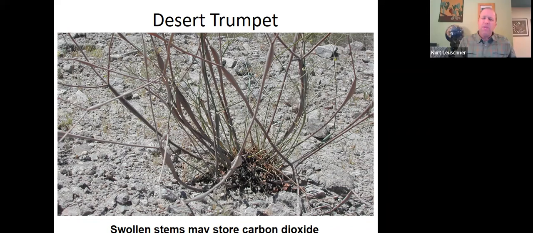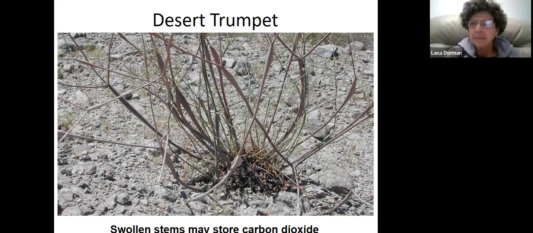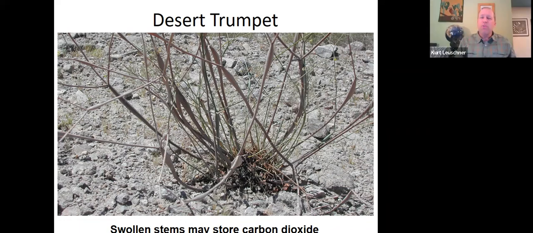Well, I guess what I mean is you'll see the stems of Desert Trumpet all year long. They're pretty big and they don't necessarily go away, but in a wet year, you'll see lots of Desert Trumpets suddenly emerging where there were none. So does that answer your question? I don't know whether to classify this as an annual or a perennial.